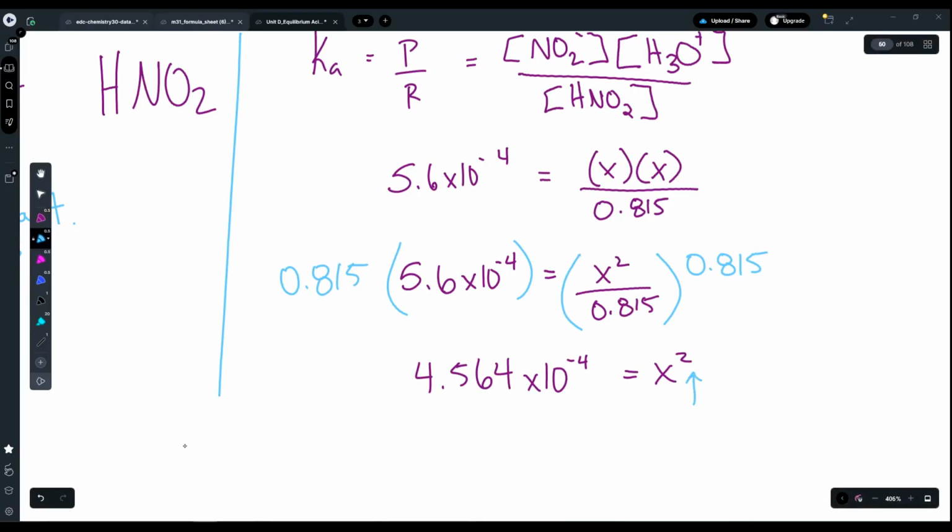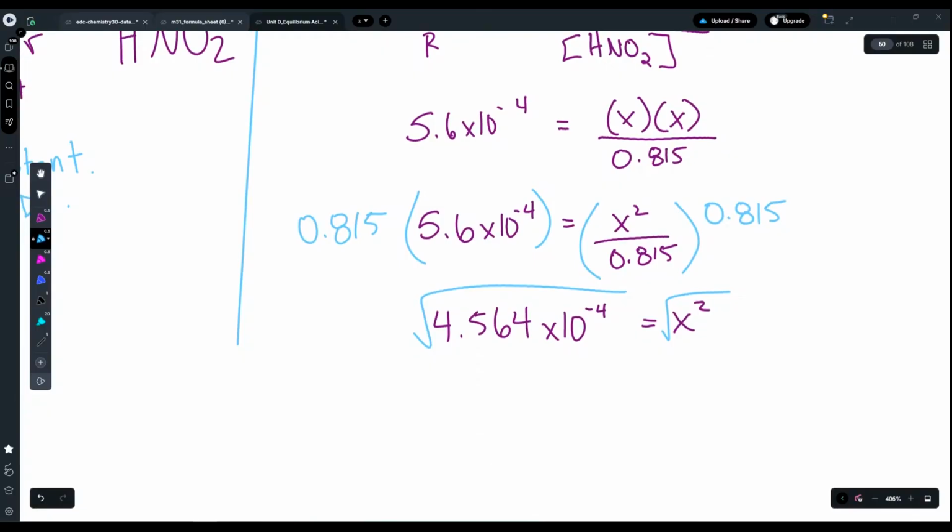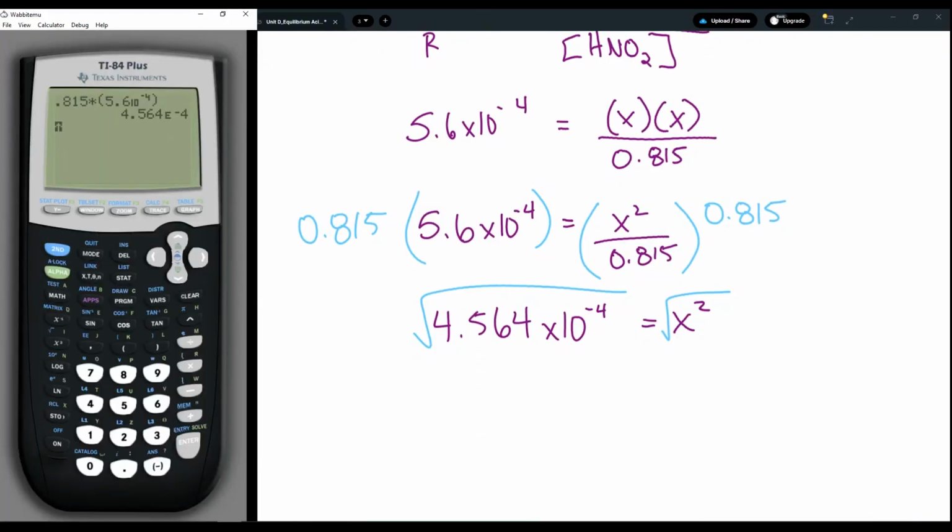Now the opposite of squaring is square rooting. And what I do to one side, I have to do to the other. So the square root of our answer is equal to 0.02136, goes on forever.